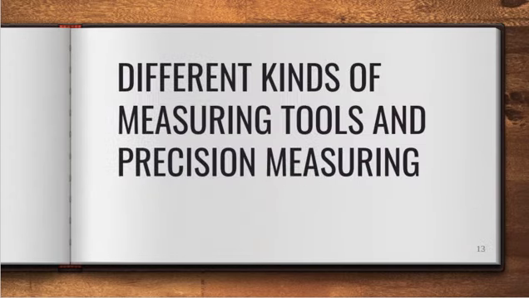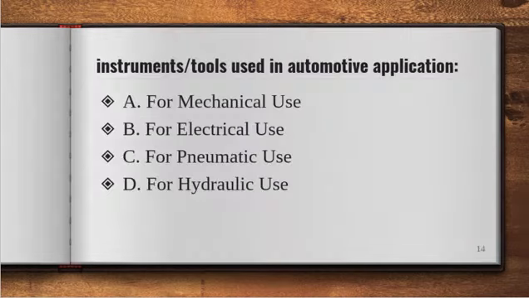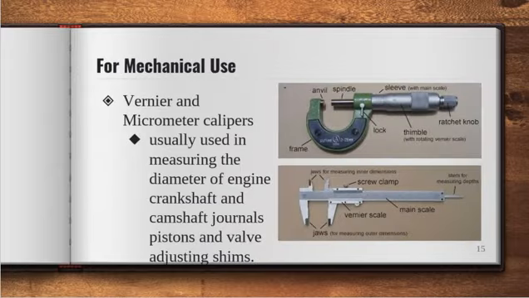So what are the different kinds of measuring tools and the precision measuring? It's divided into four. We have the mechanical use, electrical use, pneumatic use, and the hydraulic use. So we're going to start with the mechanical use. The two instruments that I have here on the screen are called the vernier caliper and the micrometer caliper.